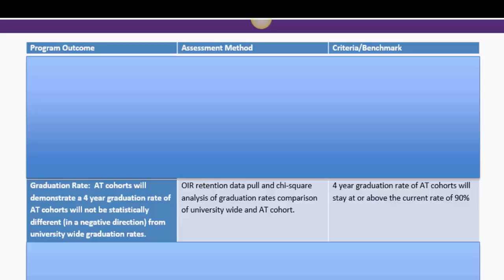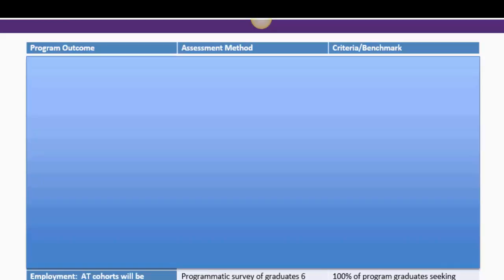If that was your 3-year average, you want to make sure they stay at that 90%. If they drop below for 1 year, maybe that's okay. If you start to see 2 or 3 years where it's a significant drop, you definitely want to investigate that further. And if you're not looking at this data on an annual basis, you won't know how it informs the other parts of your program.